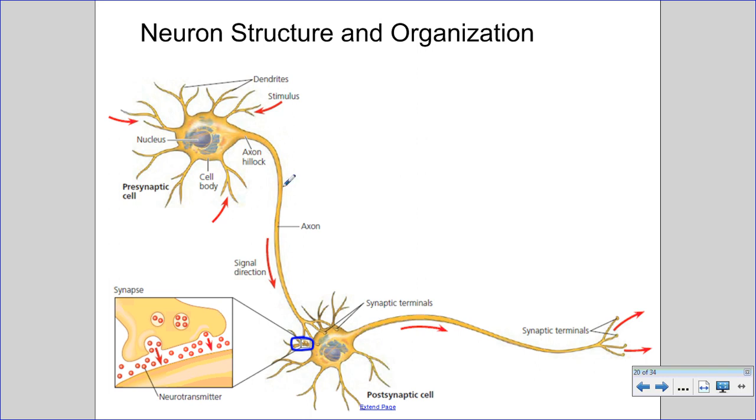When a nerve impulse reaches the end of the axon, there's going to be a release of chemicals that will travel and make contact with this membrane on the adjacent cell, which will stimulate the transmission of that nerve impulse in that adjacent cell. That cell will carry the signal forward, or if there is a muscle cell here, for example, it will allow that muscle to contract or relax.